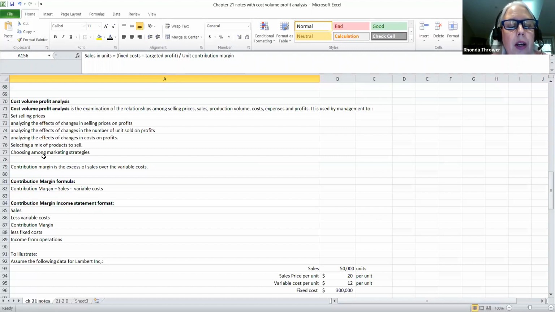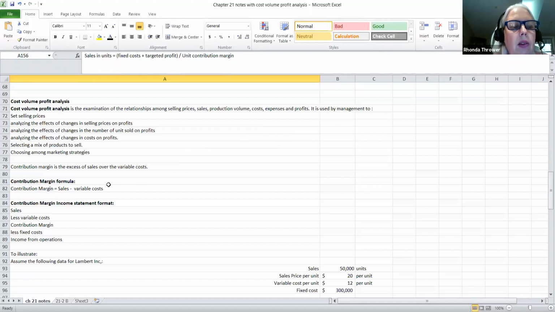Also, it will help management in choosing between different types of marketing strategies for their company. So cost, volume, profit analysis is important to management in that it helps them to examine the relationships among selling prices, sales, production volume, cost, expenses, and profits.